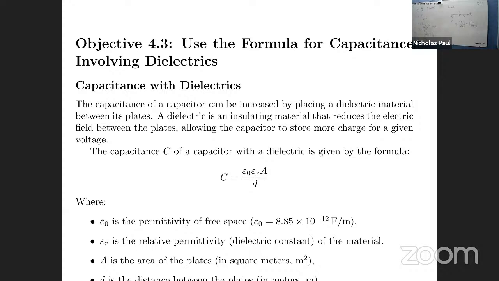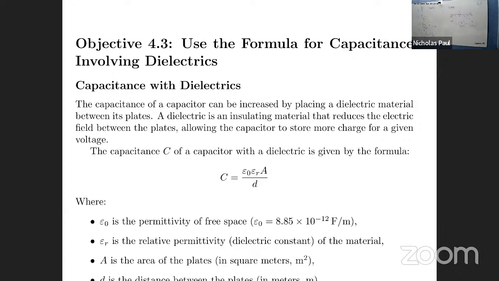A dielectric is an insulating material that reduces the electric field between the plates, allowing the capacitor to store more charge for a given voltage.